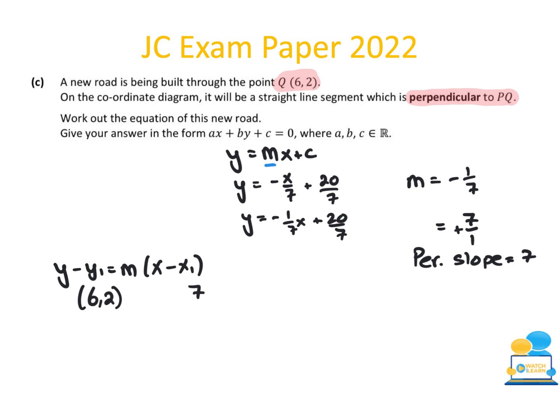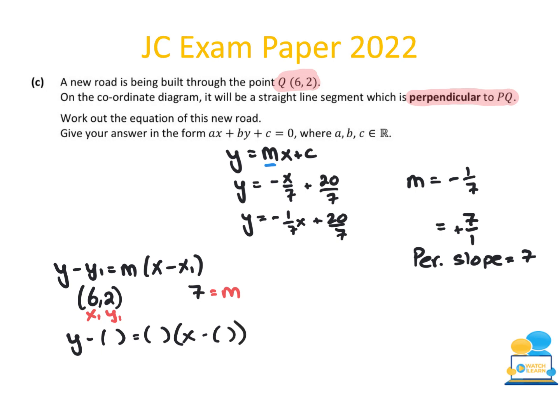So labelling those, the 6 is the x coordinate and the 2 is the y coordinate. I only need one point here, so it is my first point x1, y1, and 7 is going to be my slope m. Now inputting those into my formula, I'm going to use my empty brackets first. y minus empty bracket for y1 equals empty bracket for m bracket x minus empty bracket for x1.